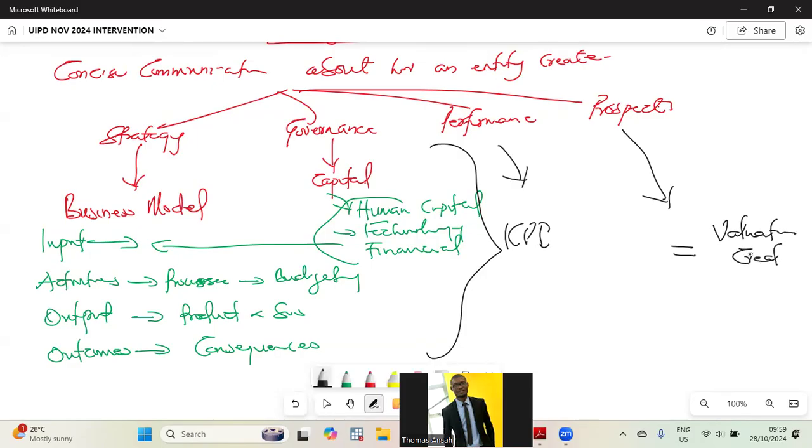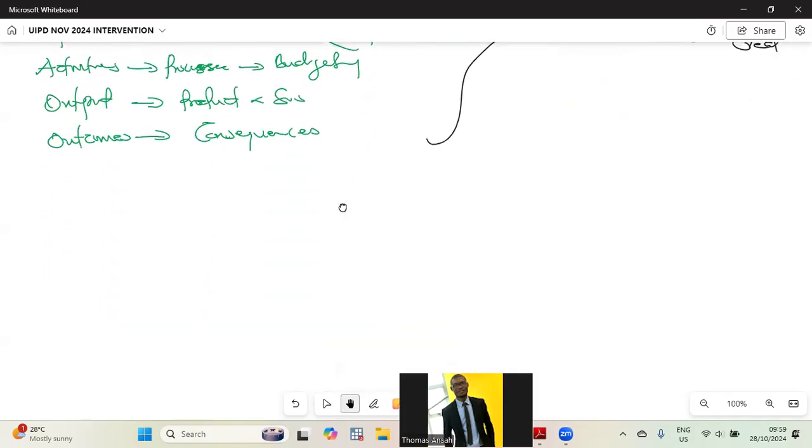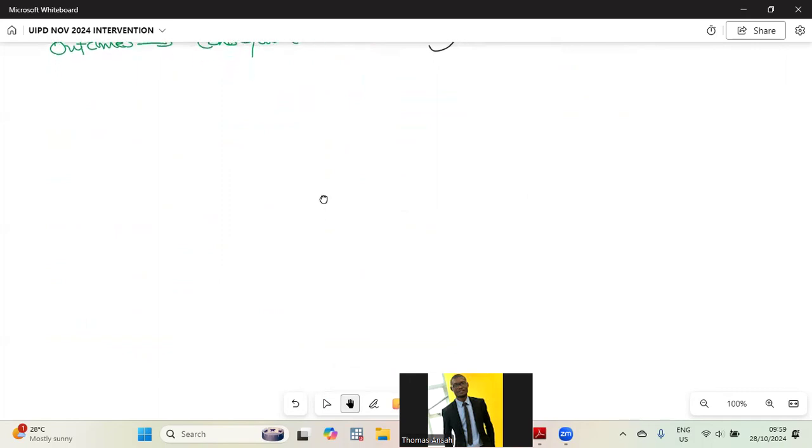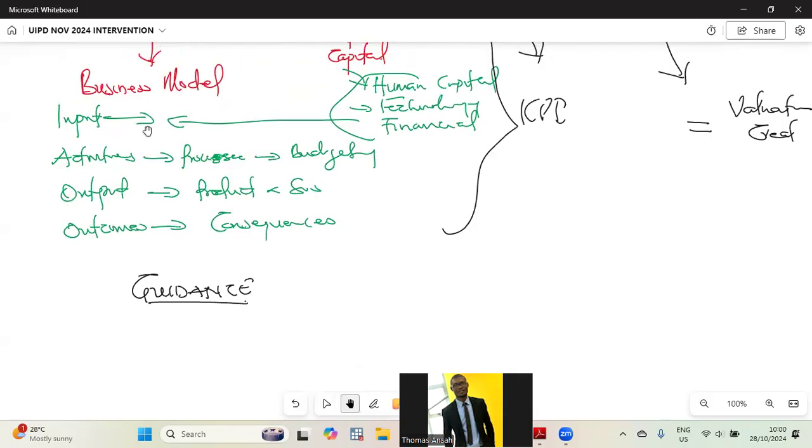What are the business models of integrated reporting, the strategy? What is under it? And these are the last two major places that you need to take care of. It gives you the guidance of how to do your integrated reporting. There is a guidance on how to do integrated reporting, and it is just what you see here.